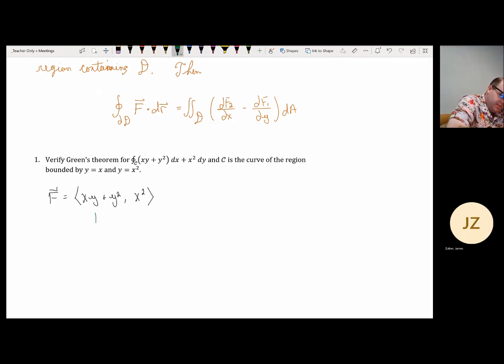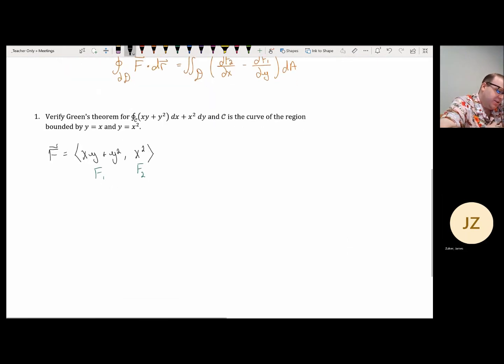Gonna make notes. Right, F1 is xy plus y squared, F2 is x squared. C is the curve of the region bounded by y equals x and y equals x squared.